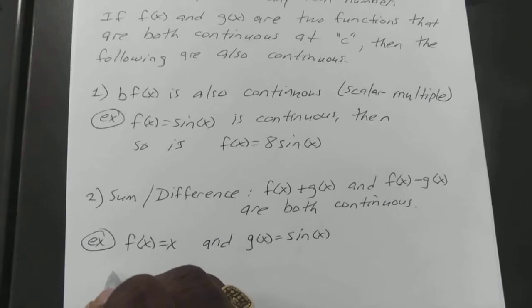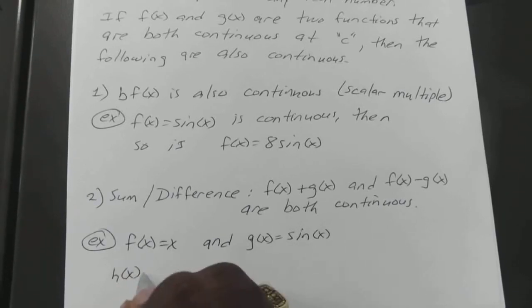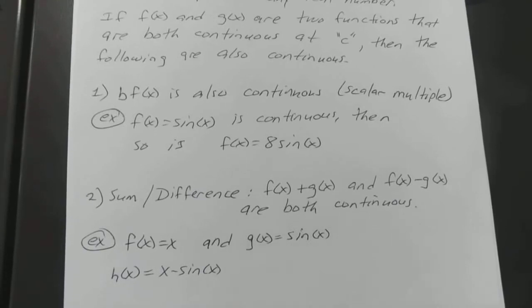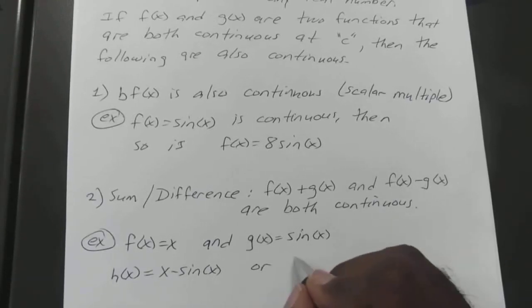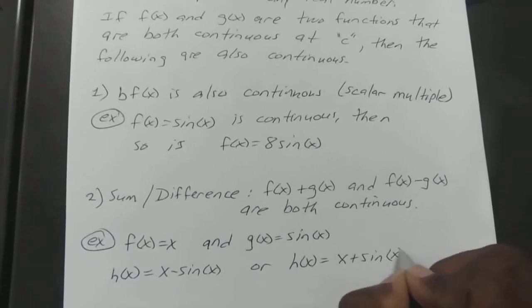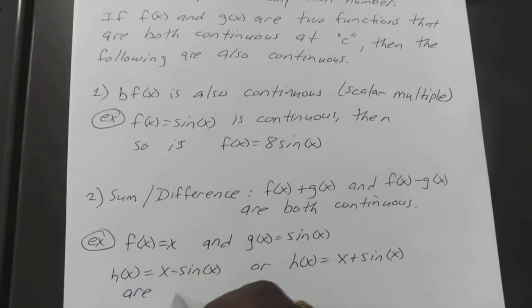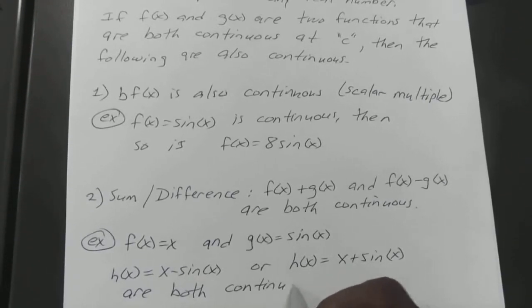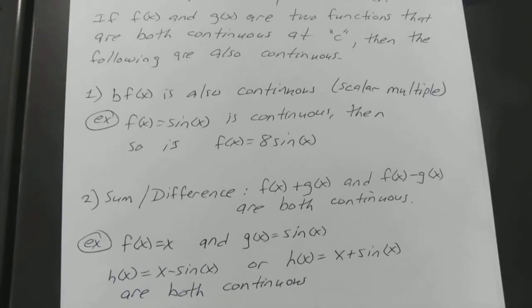So that means if we have some h of x equals x minus sine of x, or even h of x equals x plus sine of x, then they will both be continuous. If they were both continuous before, if you add them or subtract them, they'll still be continuous after.